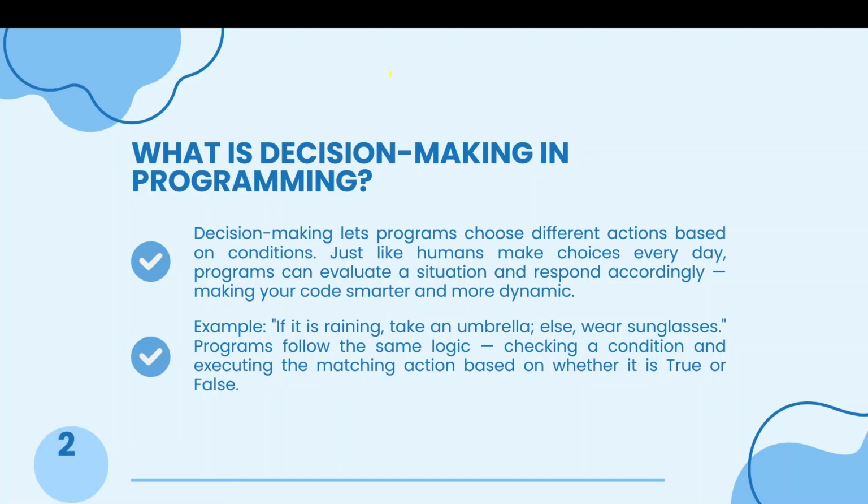Let's say someone chooses a random number, two, and we want our computer to print even. Say it's even. Someone chooses three, and we want our computer to print odd.